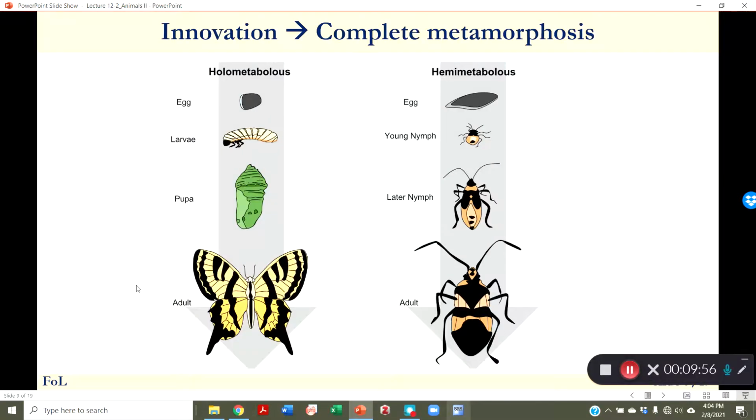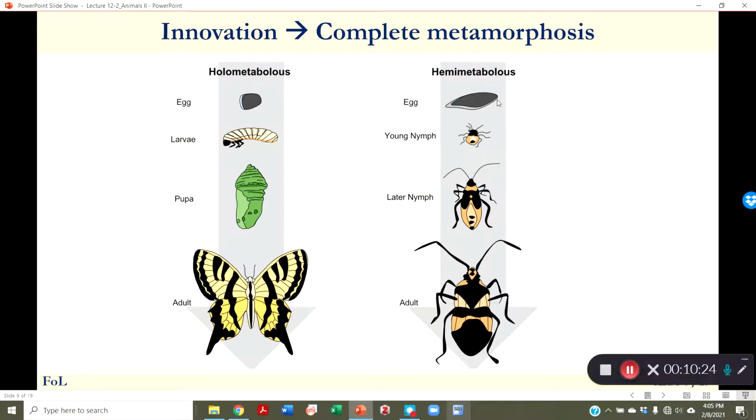And the second innovation I wanted to talk about within arthropods is complete metamorphosis, and this is actually within insects. So we have what's called holometabolous, or complete metamorphosis, or hemimetabolous, or incomplete metamorphosis. Metamorphosis is a change, and the more basal version of metamorphosis was here, where we have these eggs.